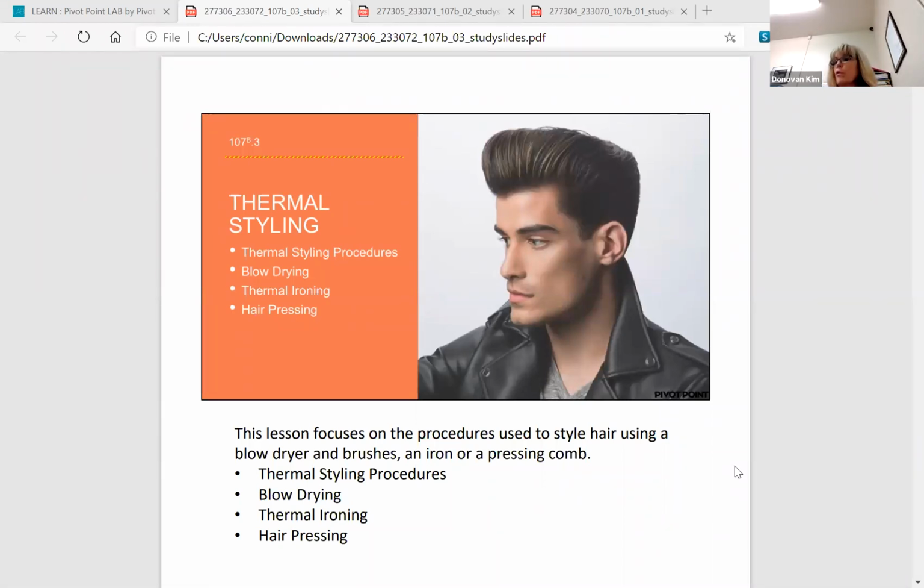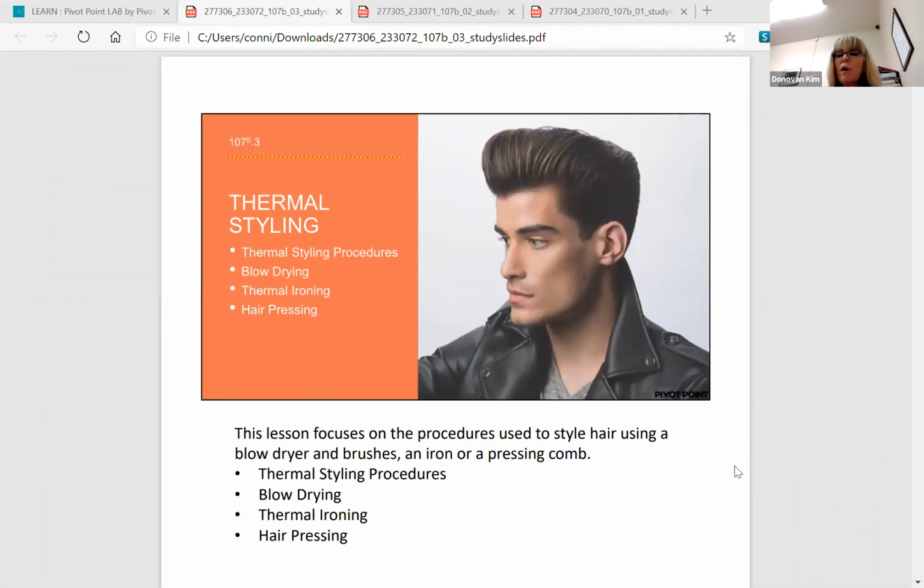Okay, so thermal styling is the technique of drying hair by using a handheld dryer while simultaneously using your fingers, a variety of brushes, pressing combs, and or thermal irons to create your style. So there's a lot to that. How this works on your hair is, let me start that over.